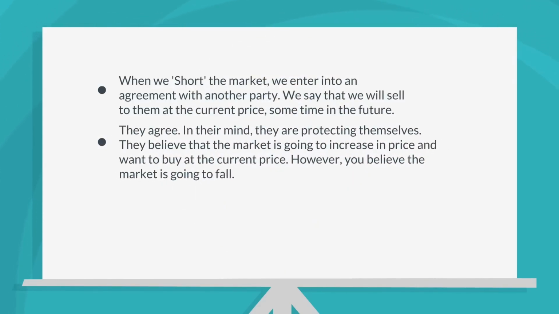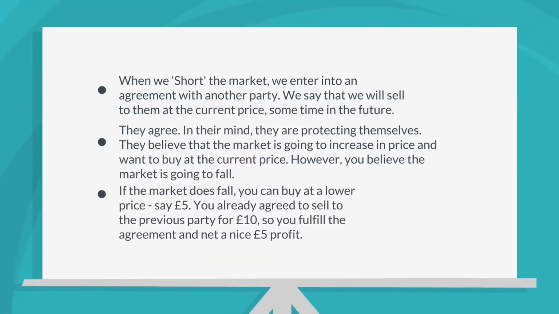They believe that the market is going to increase in price and want to buy at the current price. However, you believe the market is going to fall. If the market does fall, you can buy at a lower price, say £5. You already agreed to sell to the previous party for £10. So you fulfill the agreement and make a nice £5 profit.